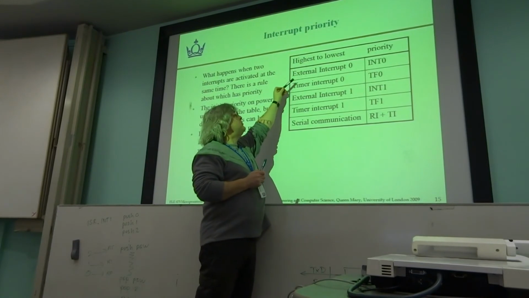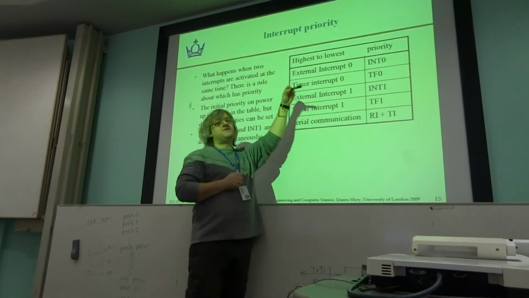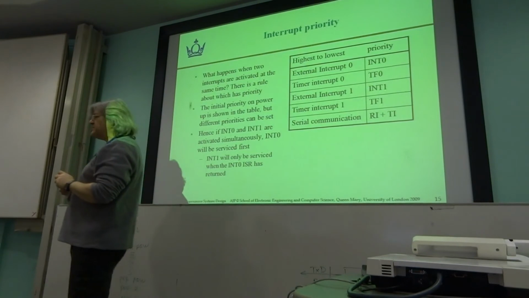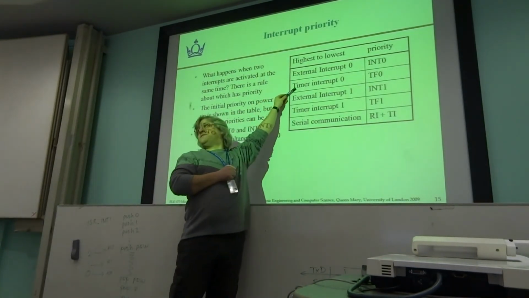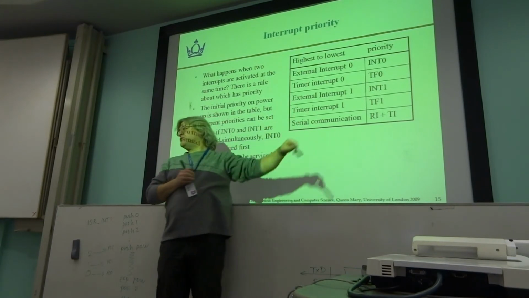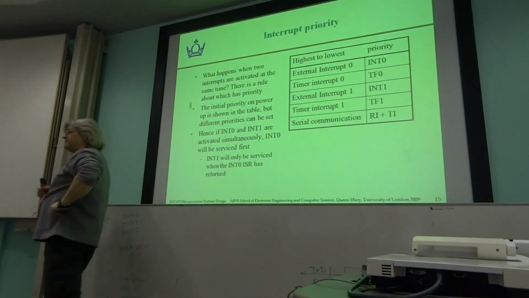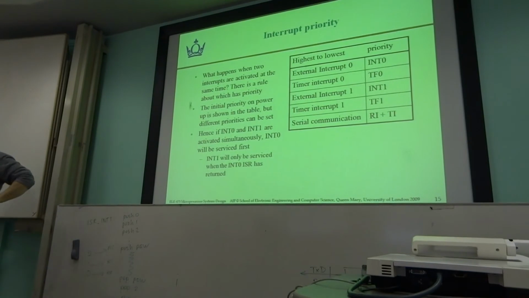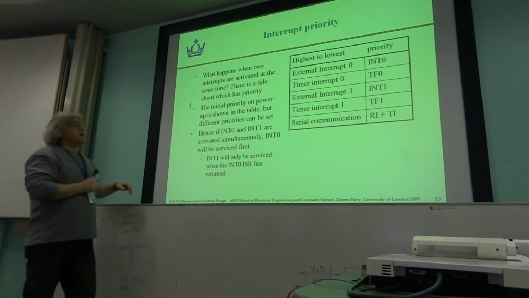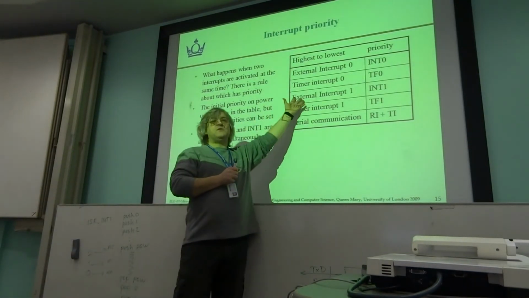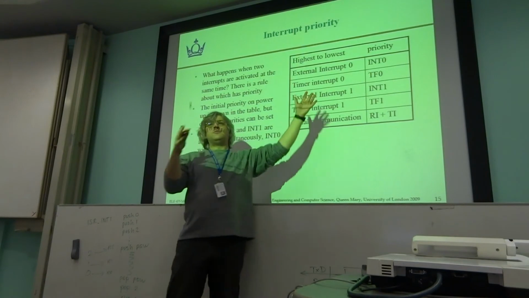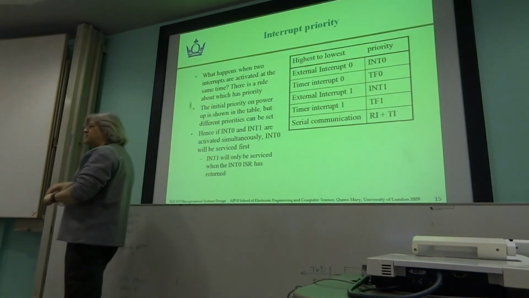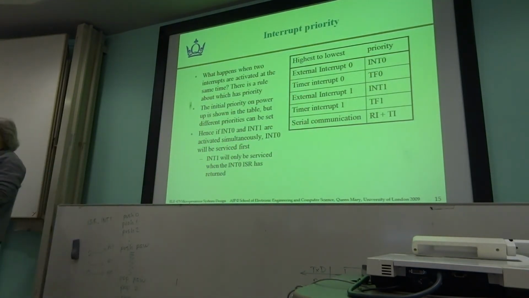So let's say you enabled timer 0 and timer 1 interrupts, and they both overflow at the same time. The timer 0 interrupt will always be serviced ahead of the timer 1 interrupt, normally. If, while you're servicing one of these interrupts, one of the other interrupts happens, that will be acknowledged and stored somewhere, but it won't be dealt with until the end of the interrupt routine that you're currently dealing with.